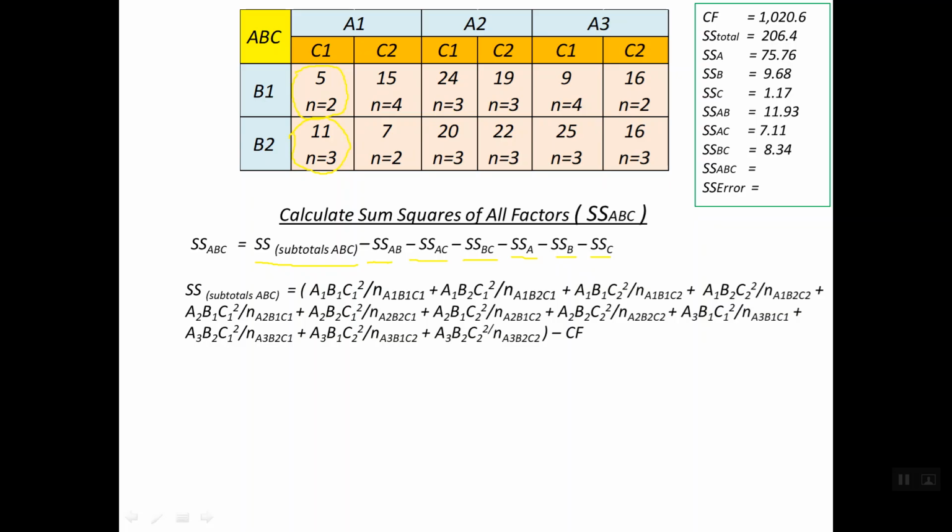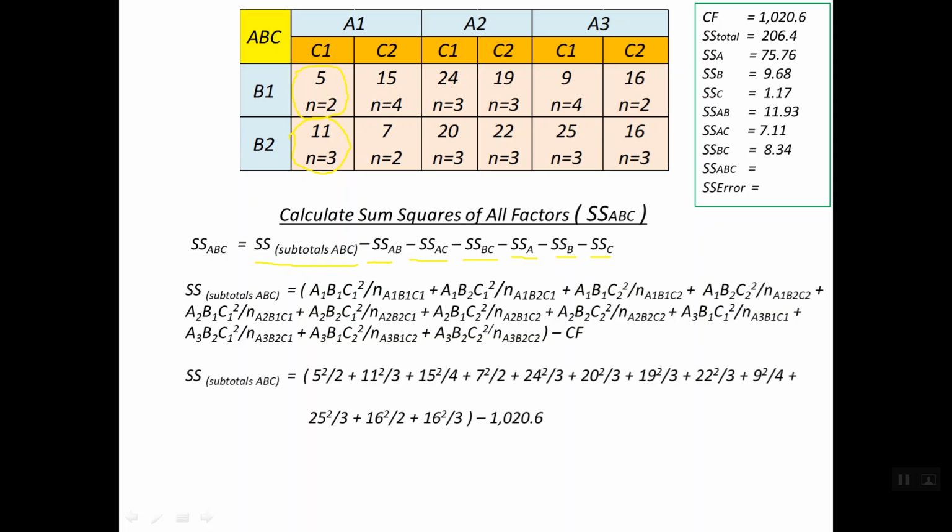And finally, we should subtract the correction factor. Now simply you can substitute in the formula. This is the sum of A1, B1, C1. We square it, divided by number of observation for A1, B1, C1.